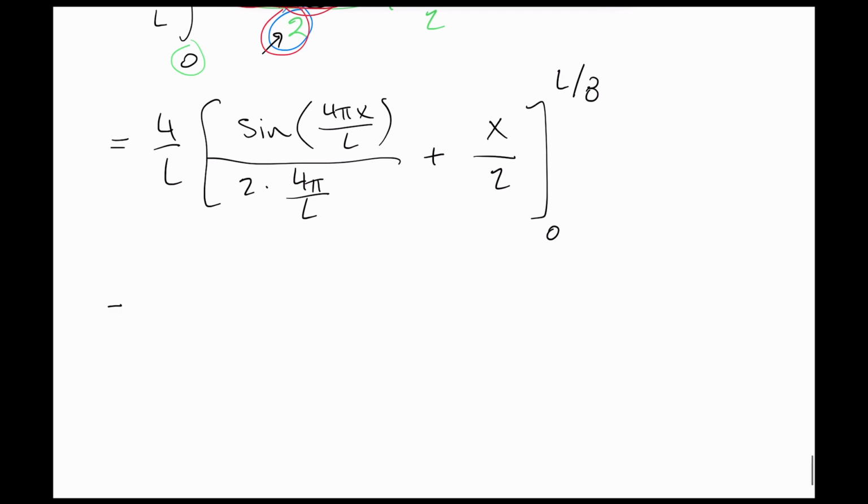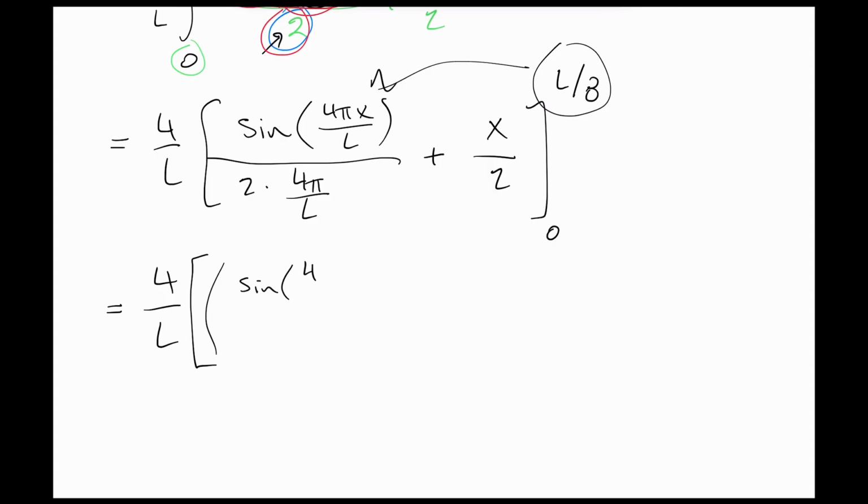Now I can take the integral by just plugging this stuff in over here. So I have big brackets, interior brackets. I can take this L over 8 and plug it in over here. So I have sine of 4 pi L over L times 8.